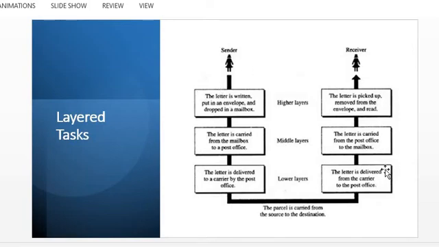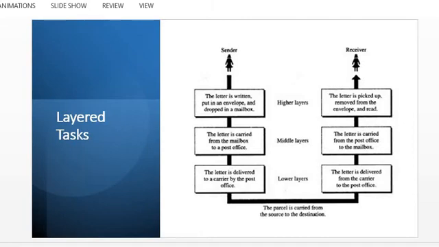So you can see this is the layered approach that we are talking about when we talk about the layered approach to communication process. What this approach does is try to simplify the tasks or the processes that are involved in communication.